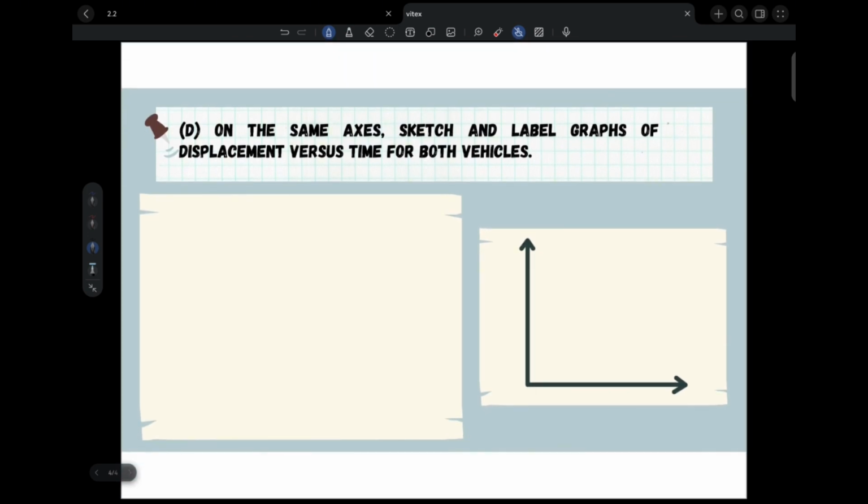And for D, we have to draw the graph, displacement against time. Firstly, we'll label both axes.